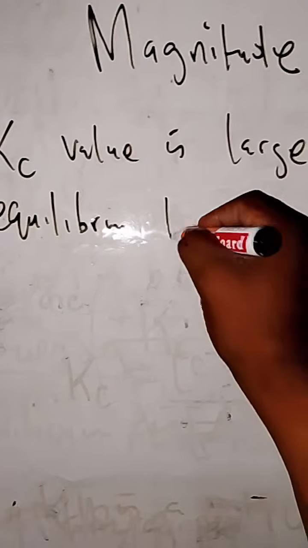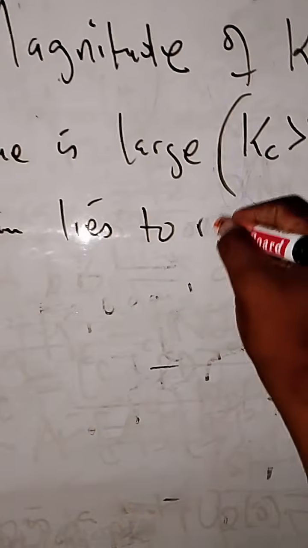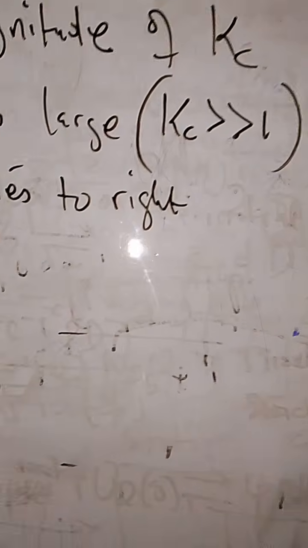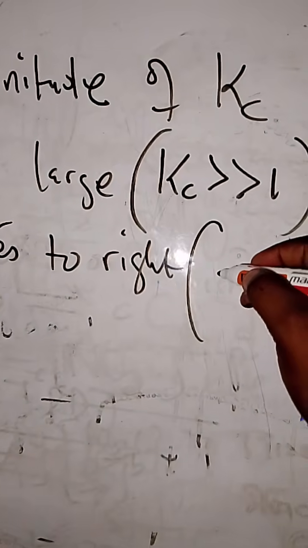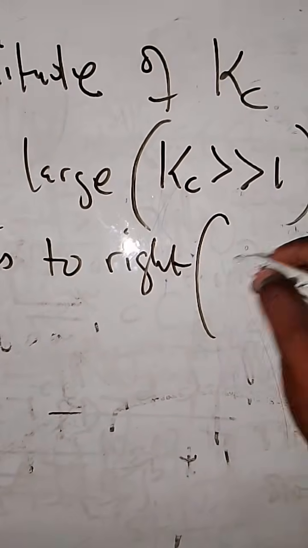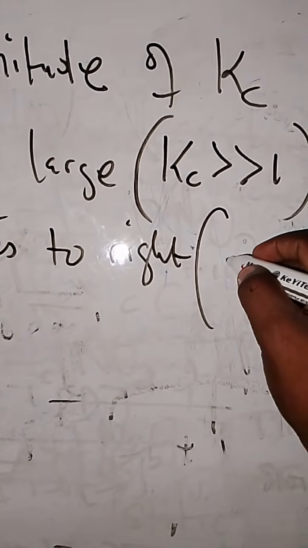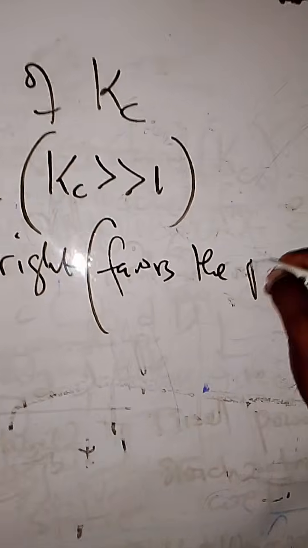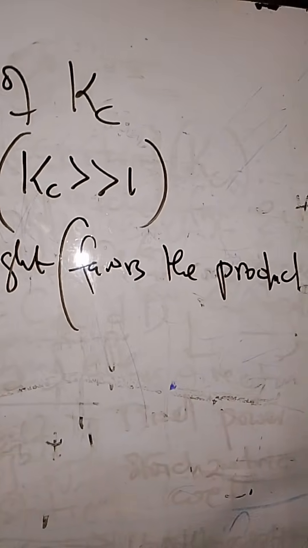If it lies to the right, it means it favors product formation, or the equilibrium mixture contains mostly products. So in this case it favors the product, since it lies to the right.